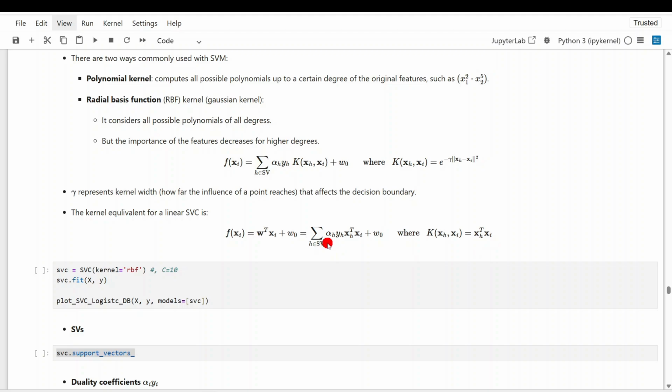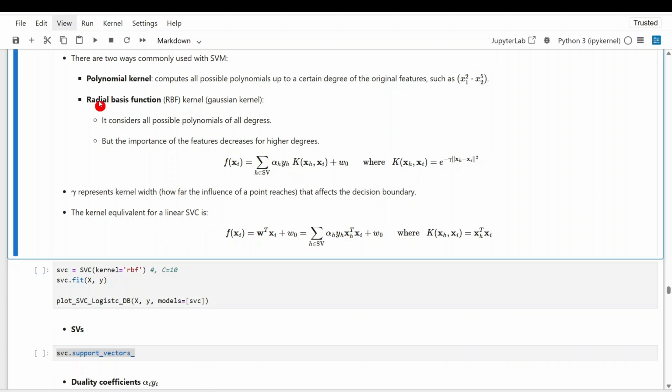The sum of alpha_h y_h x_h transpose is nothing but w transpose. So the kernel function for a linear kernel is something like an identity kernel. Otherwise, this kernelized support vector machine is no longer linear.